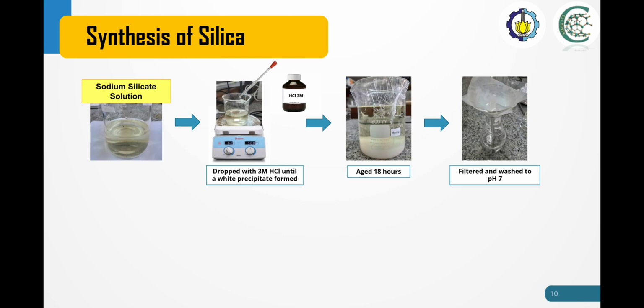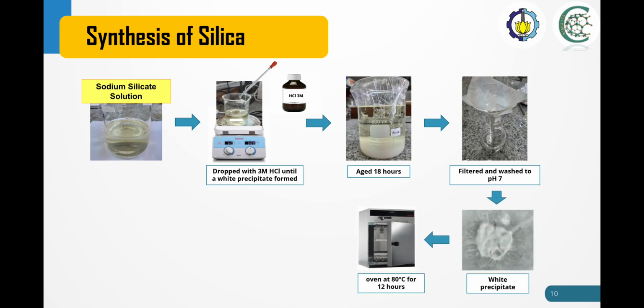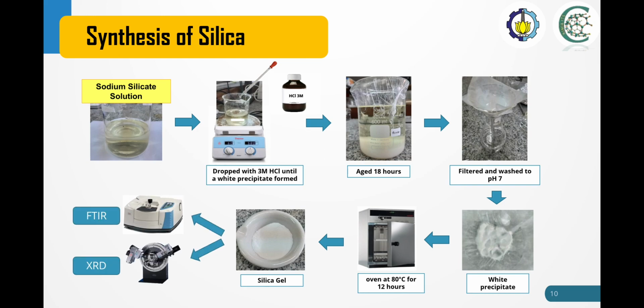And then filtered and washed to pH 7, and become white precipitate and oven dried at 80 Celsius for 12 hours. And the last become silica gel and will be characterized with FTIR or Fourier transform infrared spectrophotometer and XRD or X-ray diffraction.